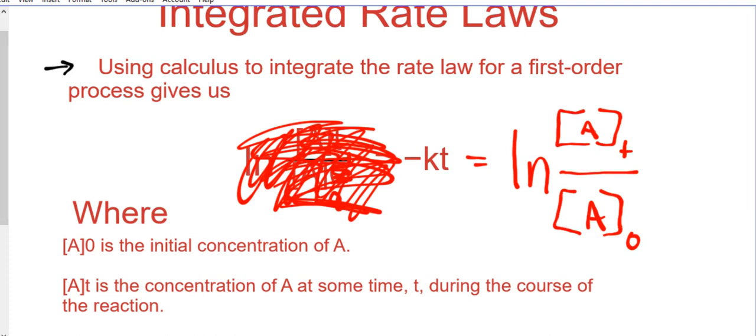Oh, I thought we had 5 more minutes. We have 15 more seconds. What we can now do, and we'll do this Monday, is that if we can find a way to solve for K, which we just did, we can then find concentrations at any time we want.